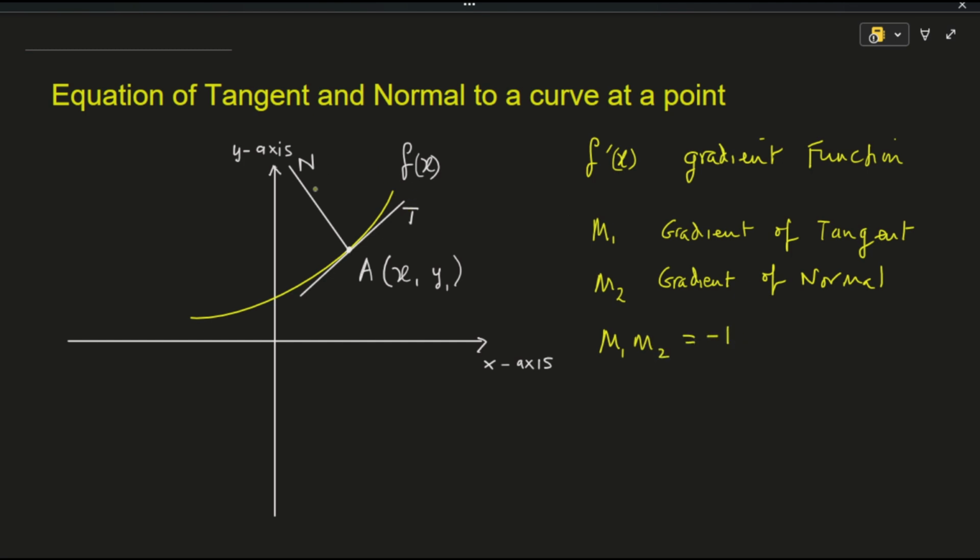So we can go ahead with this information to determine the equation of the tangent and normal to the curve at any point. So let's look at one or two exercises.